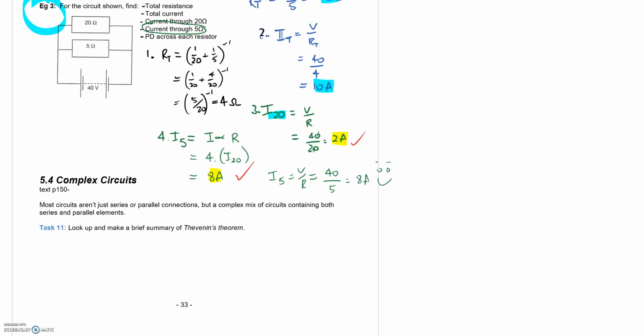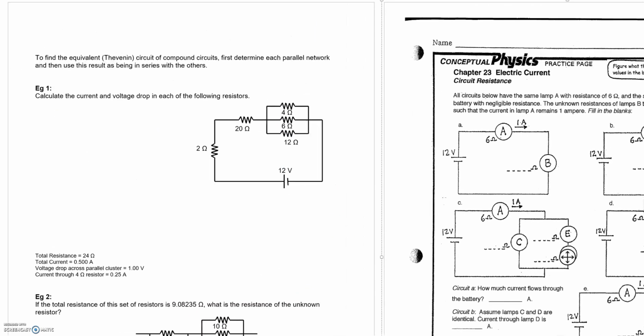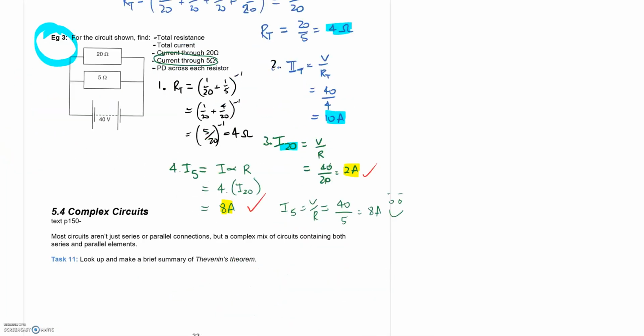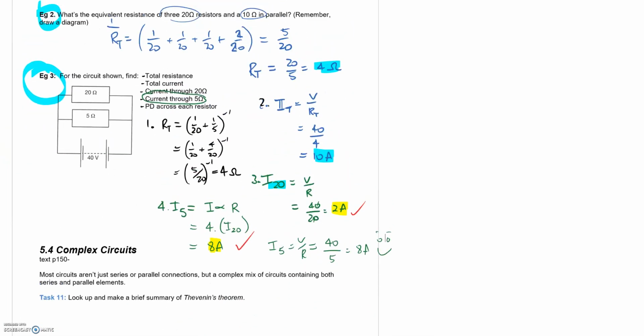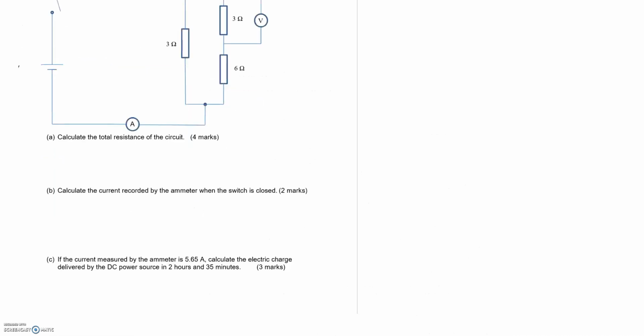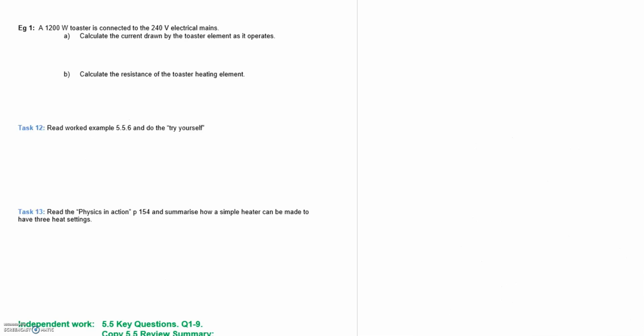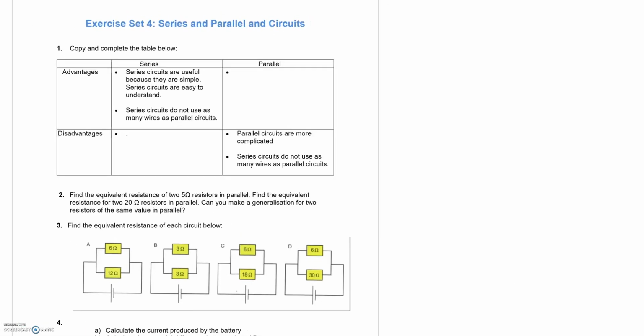And when we look at exercise set 4, by all means, if you can have a go at section 5.4, that's good. But I'd say probably a good priority now would be to work on exercise set 4, and we'll get there in a second. There it is, exercise set 4.